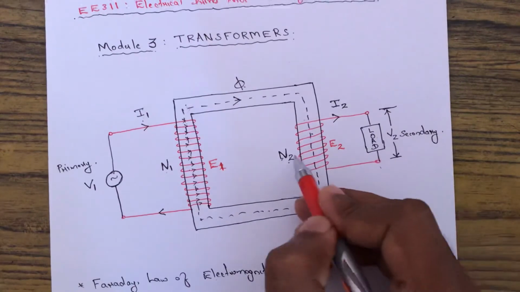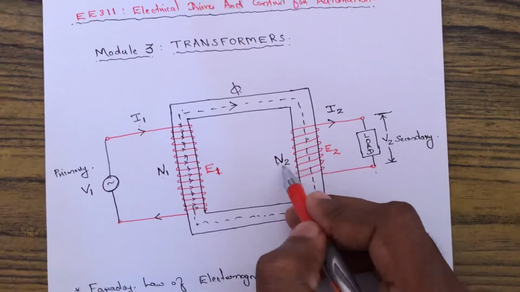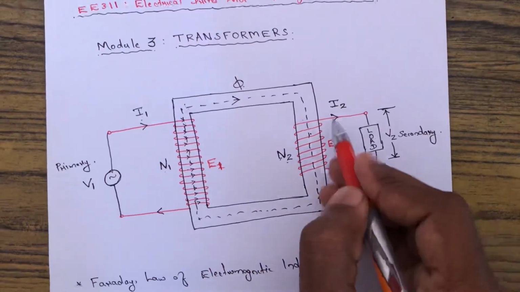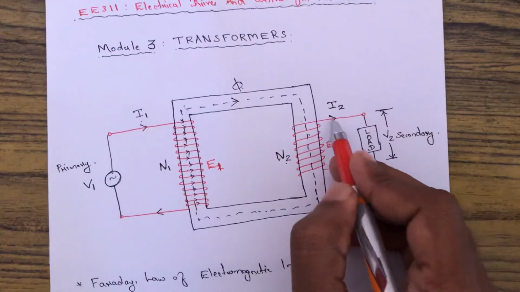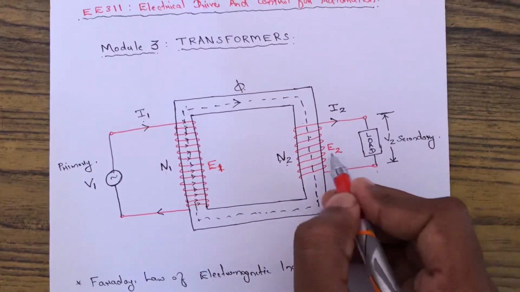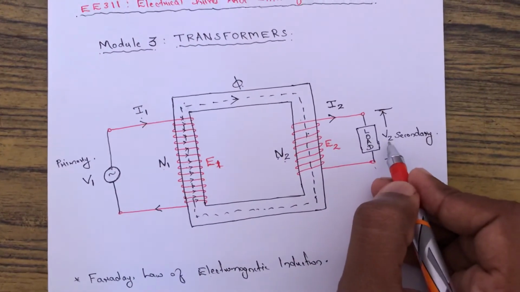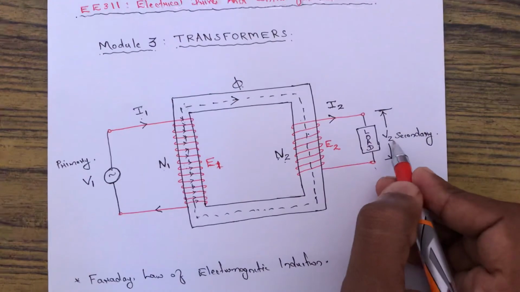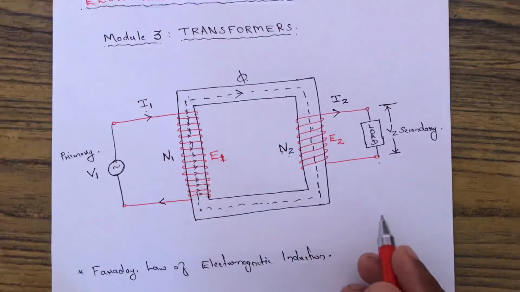On the secondary side, the number of turns is N2, the voltage across the load is V2, the current flowing through the secondary is I2, E2 is the secondary induced EMF, and V2 is the secondary voltage. These are the terms used in transformers.